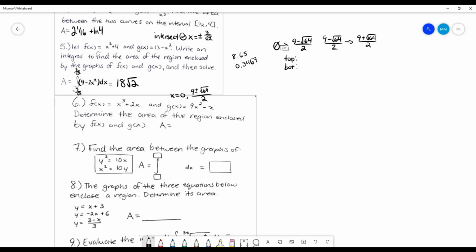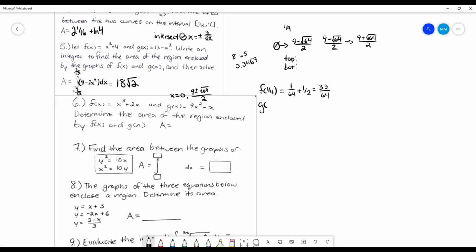Okay, so that's somewhere in there. Something smaller than this, but that's between there, is maybe 1/4. So let's try plugging in 1/4. If I have f of 1/4, that's going to be 1/64 plus 1/2, which is then 33/64.